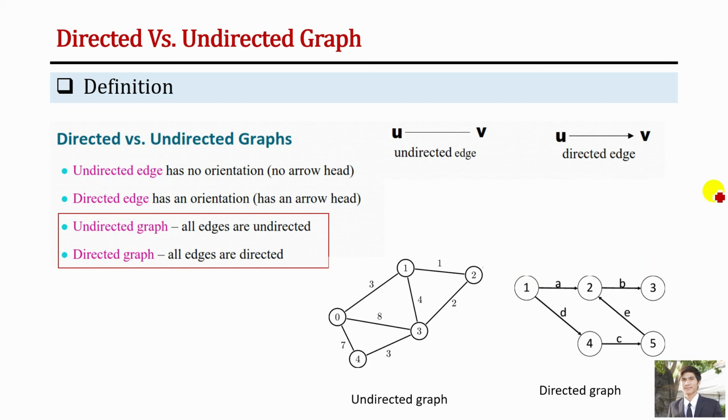As you can see in this picture, when we have two vertices U and V, the line connecting them has no direction, no arrow, so this is called an undirected edge. In an undirected graph, all the edges are undirected. However, in a directed graph, we have an arrow connecting from one node to another, and to construct a directed graph, all edges must be directed.